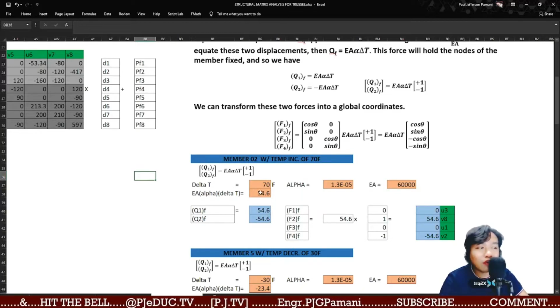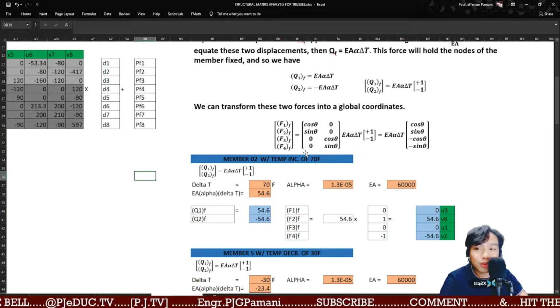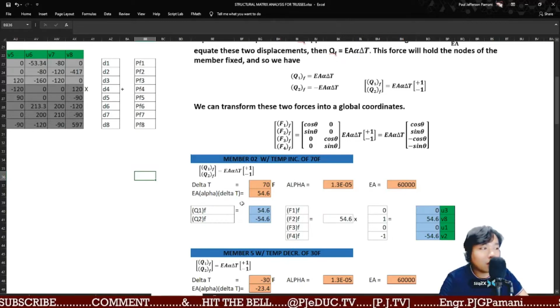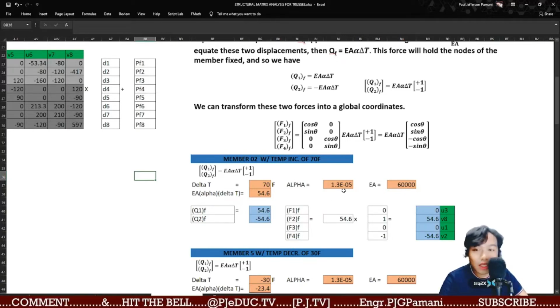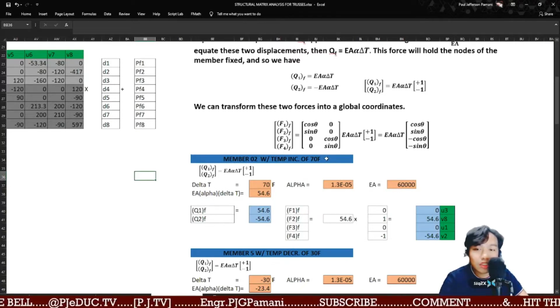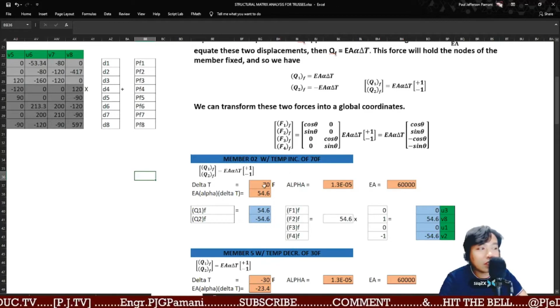So what is the equivalent force of that change in temperature with regards to the thermal expansion? That is your EA times alpha, which is 1.3 times 10 raised to negative 5, times the delta T, which is the change in temperature of positive 70 degrees Fahrenheit.